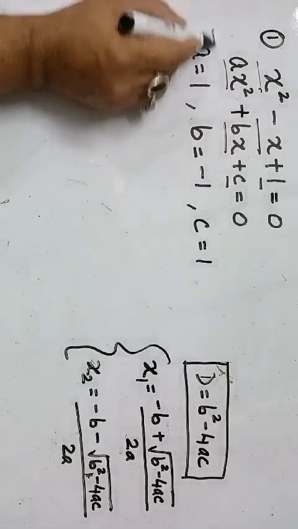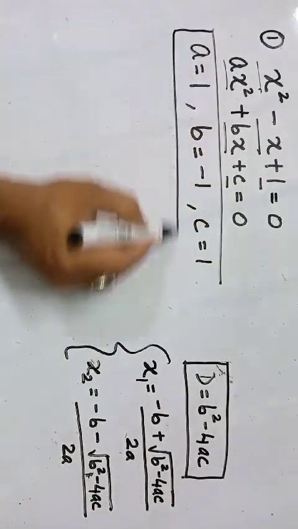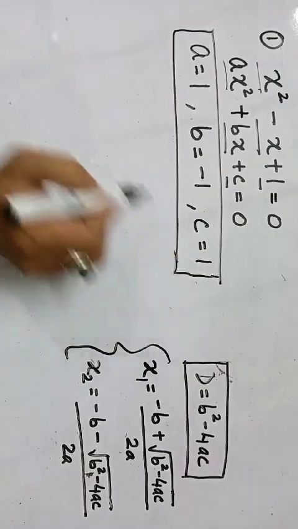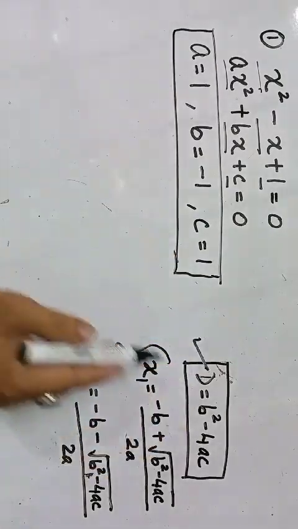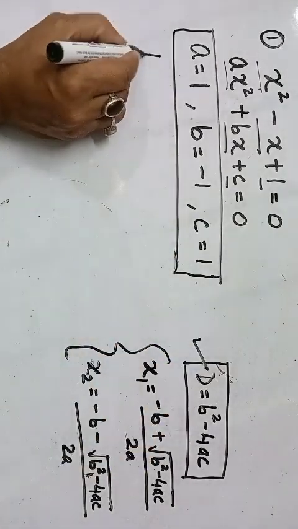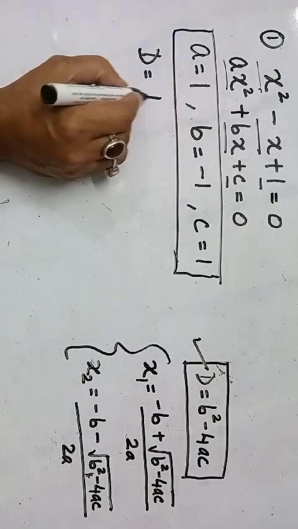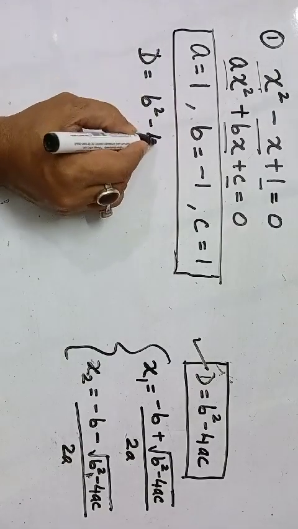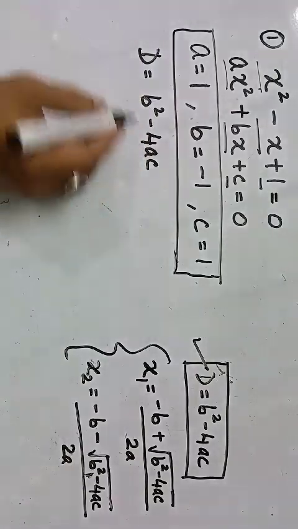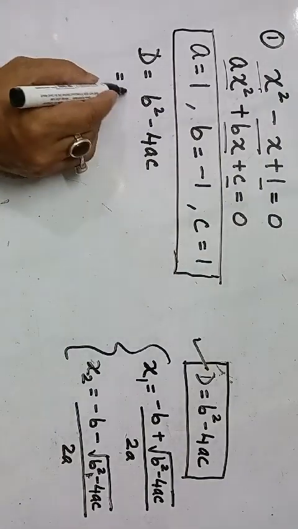So once we have noted down all a, b, c values, then we will make use of this discriminant. So discriminant value, the formula is b square minus 4ac. So I will now put the values.